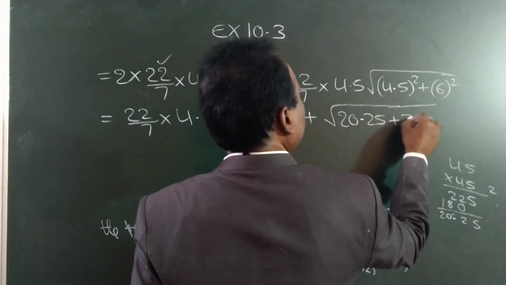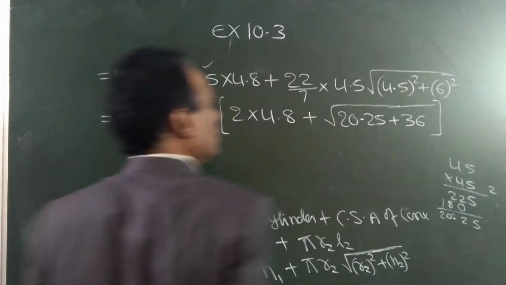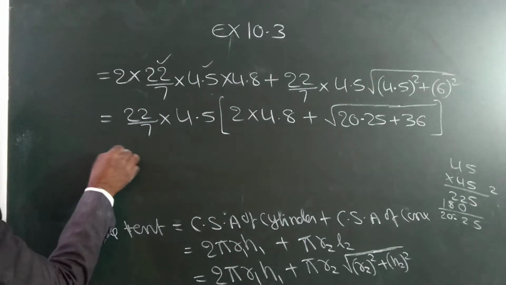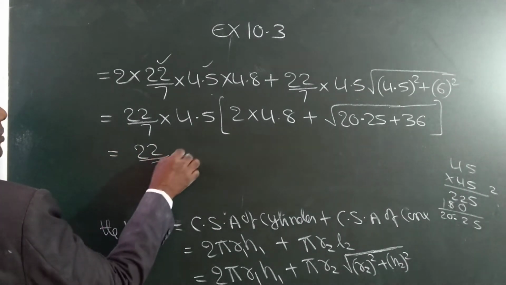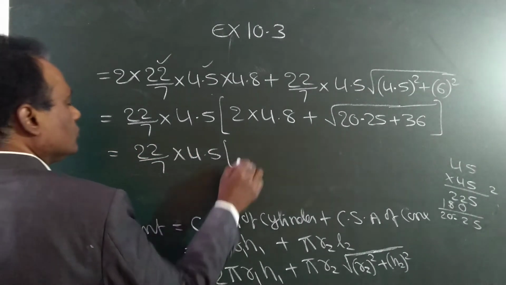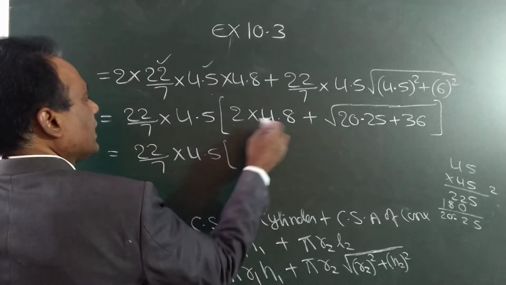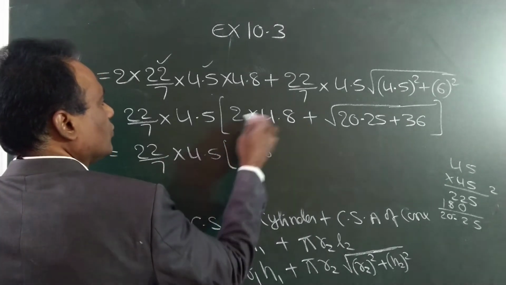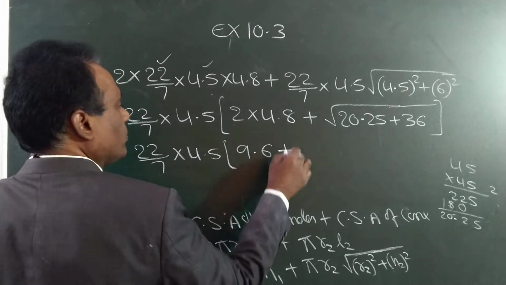Plus 6 square is 36. Lot of simplification, students. Simplification is very difficult, very lengthy. 2 into 4.8 is 9.6, plus.